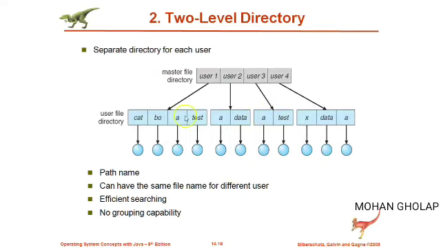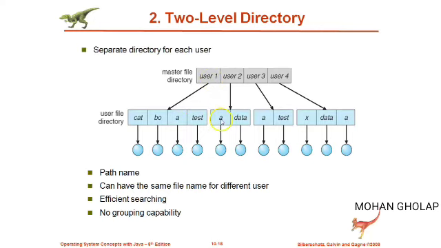So in such a situation you should know the path name of that particular file. Path name means you have to specify, along with the file name, in which directory that particular file is present. Like here, if you want to open this file a, you have to specify that you want to open file a which is a member of user 1.